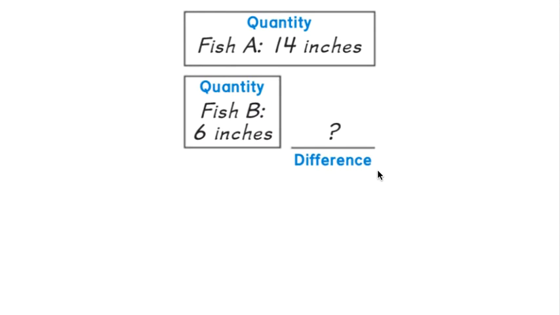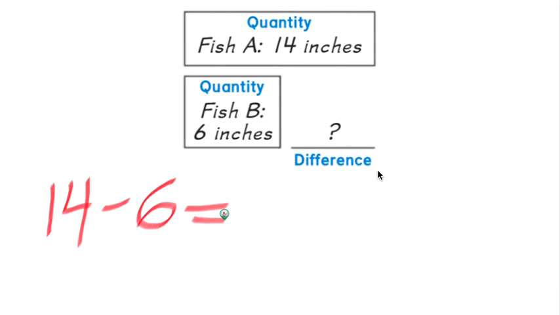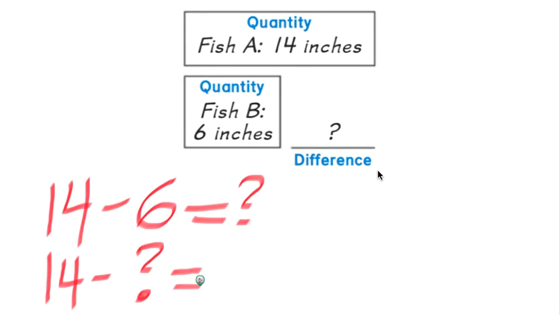He's going to start with my subtraction problem. 14, that's my big amount, minus my smaller amount. 14 minus 6 equals question mark. I could also say 14 minus my amount, or my difference, equals 6.